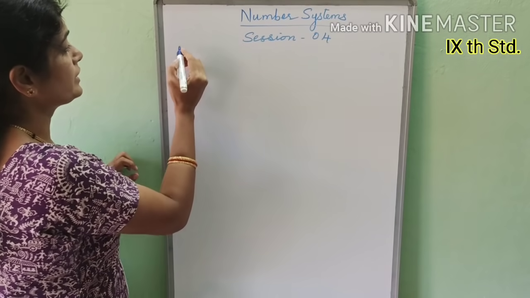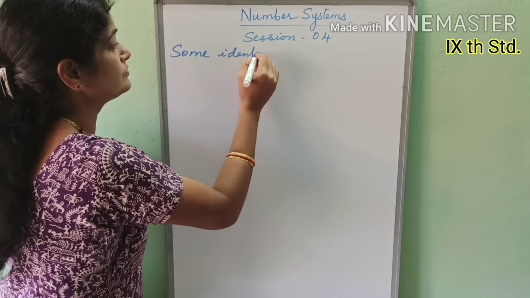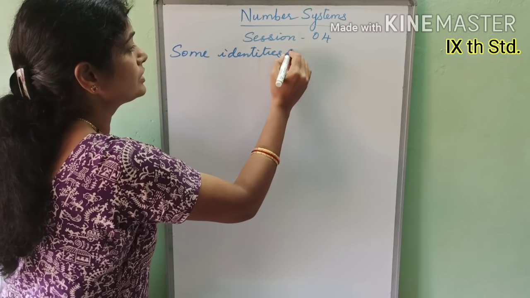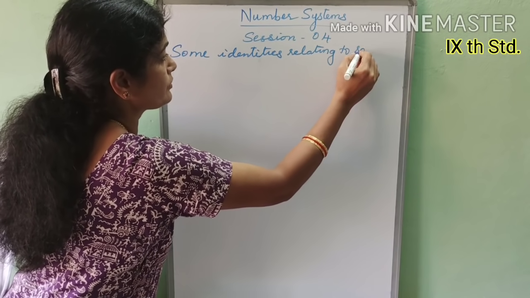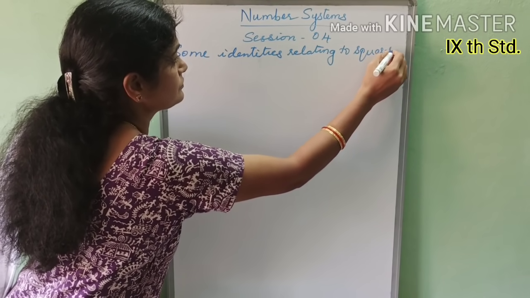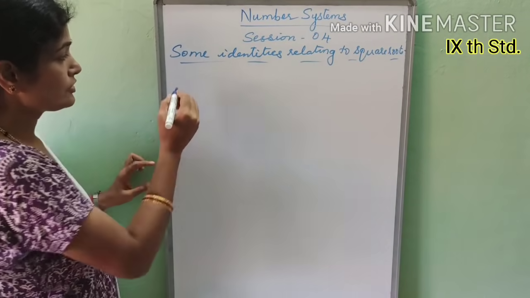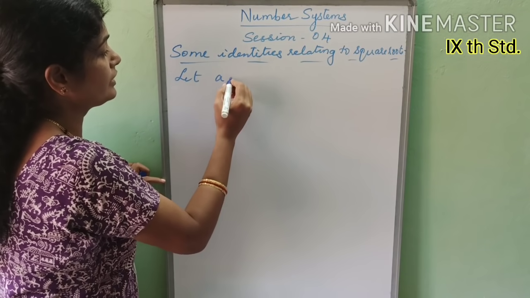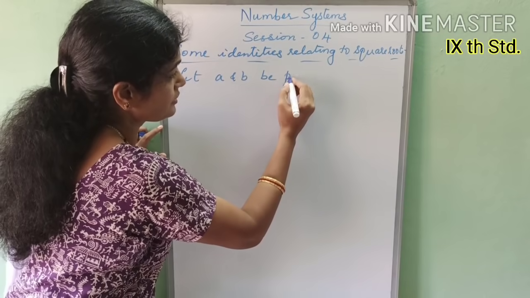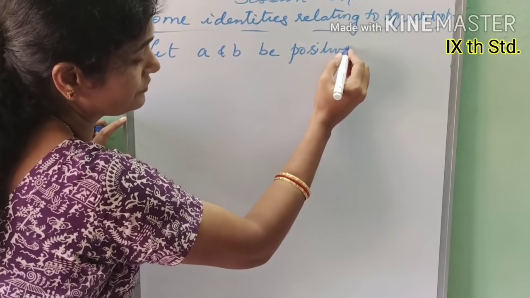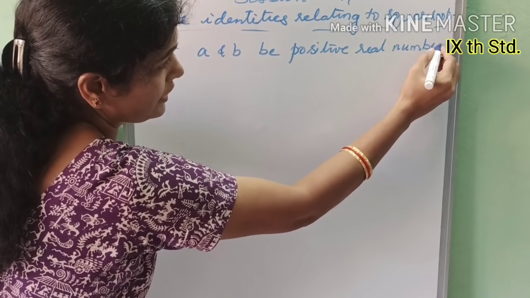Okay, so let A and B be positive real numbers.